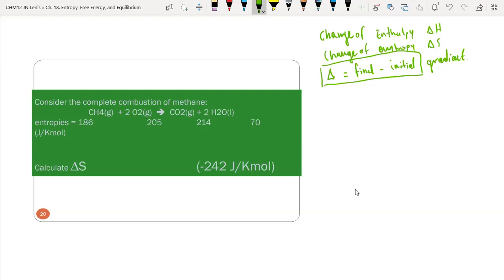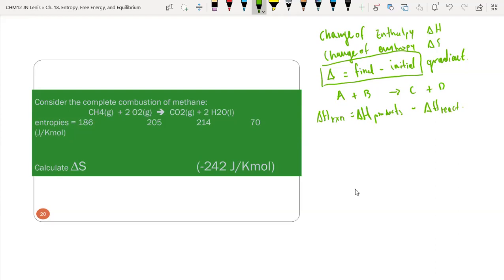So the change for a reaction A plus B forming C and D, delta H for the reaction will be the change of enthalpy of products minus the change of enthalpy of reactants, final minus initial.